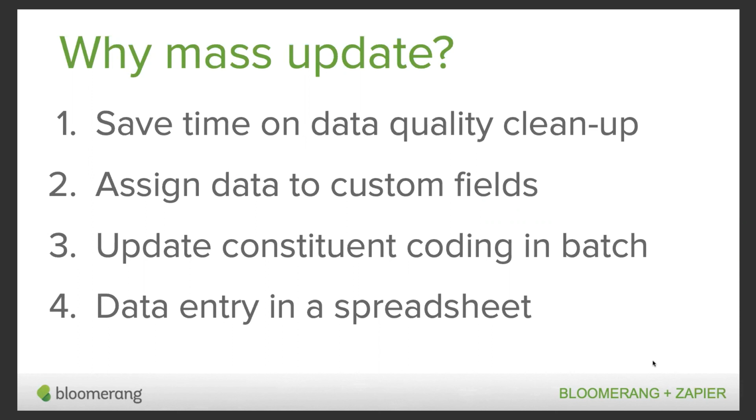You can update constituent coding in batch. And you can also, to a certain extent, with some limitations, you basically get data entry in a spreadsheet. This is not always, especially if you're creating new constituents, a replacement for the import tool, but there's certainly some use cases where this can support mass updating existing constituents in Bloomerang.